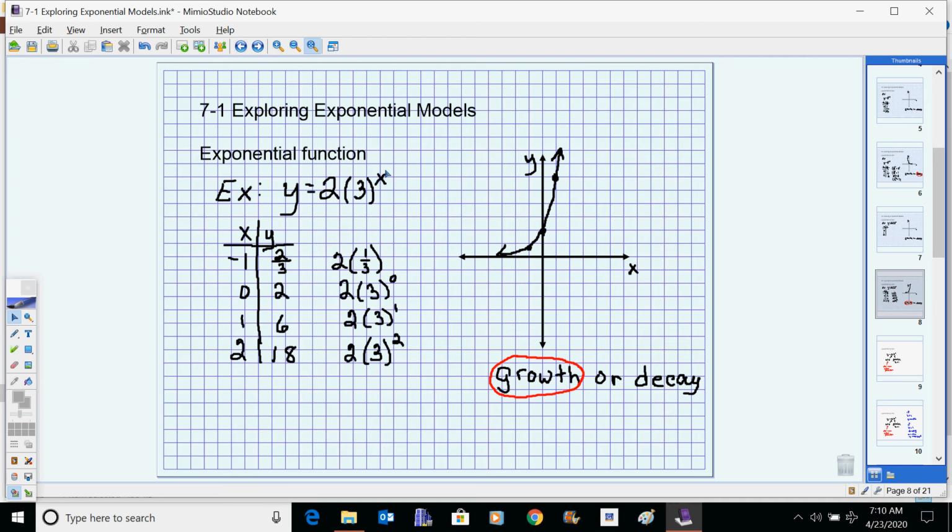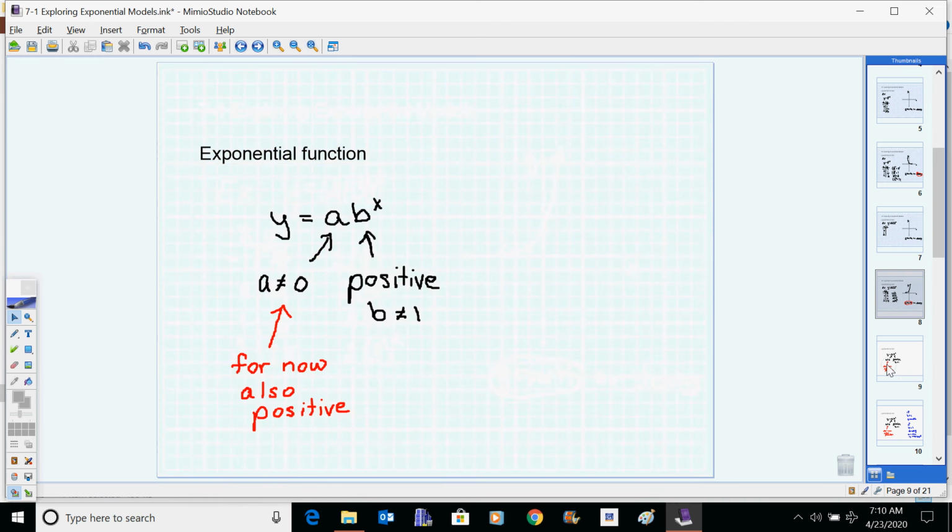This number is where our exponential growth is being determined from. But notice also that the y-intercept is different here. On the others, the y-intercept was 1 because anything to the 0 power is just 1. When you have a number out here, what it does is it changes the y-intercept. So let's analyze our basic exponential function here.